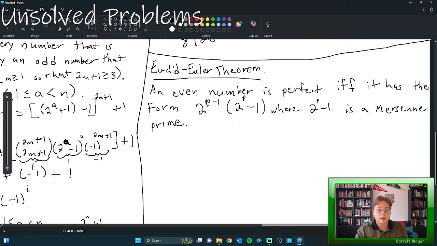So proving this theorem happened in 2 steps. Euclid proved this direction.